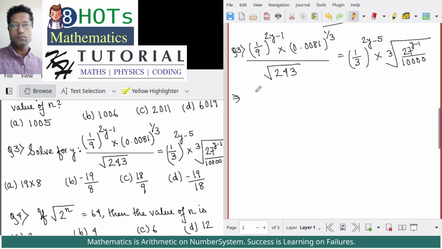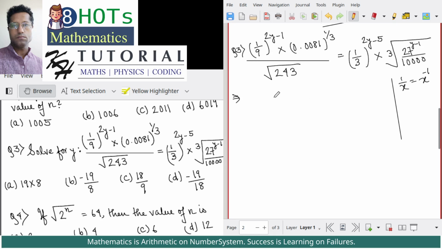Now 1 by 9 is 1 by 9. I will skip some steps and do it a little fast. I hope by now you are well aware of all the laws of exponents. That is, 1 by x is nothing but x to the power minus 1. Any power minus 1 means the reciprocal of that number.